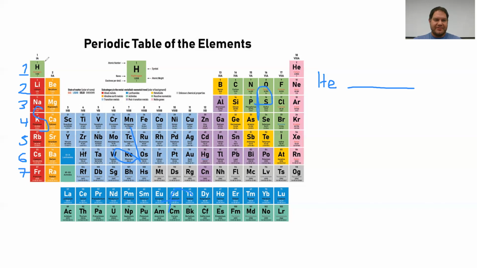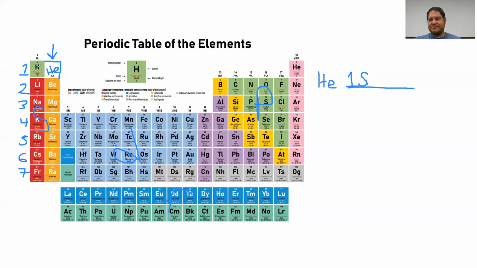Now remember that we actually put helium right here, He, when it comes to electron configuration, in that S block. So what we're going to do is count everything up to helium. We're going to start with the first energy level. So we got 1. That's the first energy level. And then we're in the S block, or the S subshell, so I'm going to go ahead and put an S. And then the number of electrons: remember each box represents an electron.